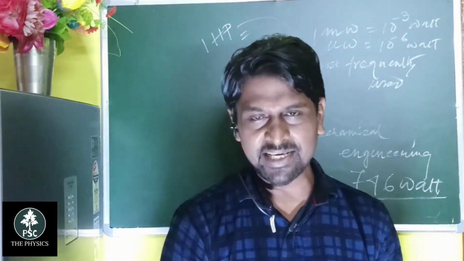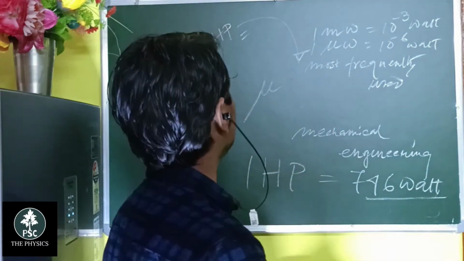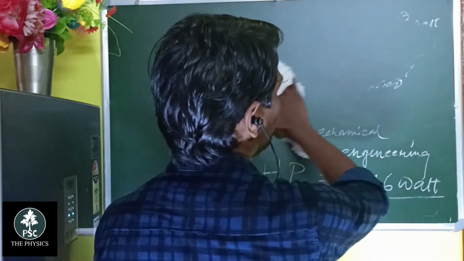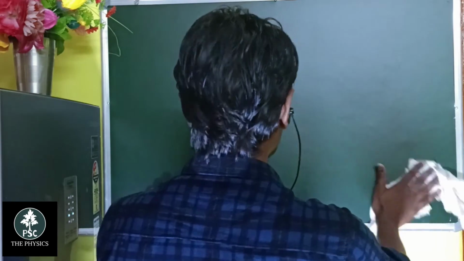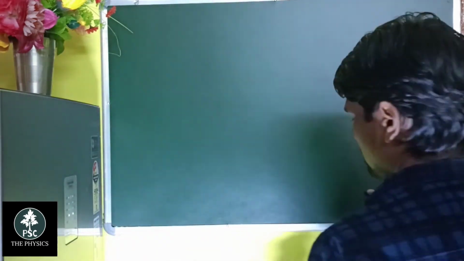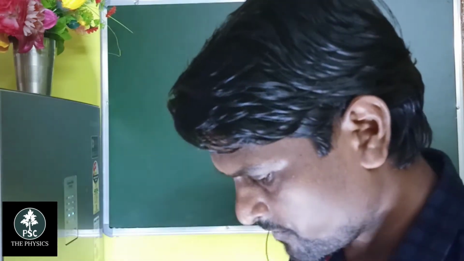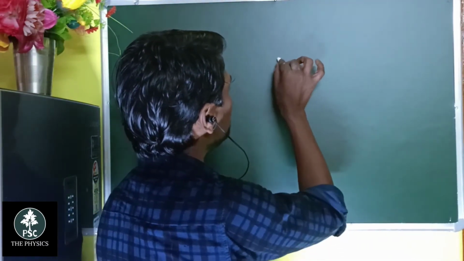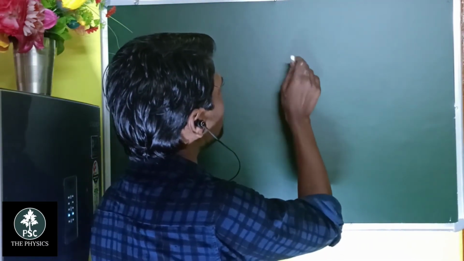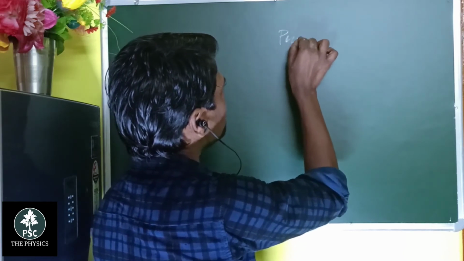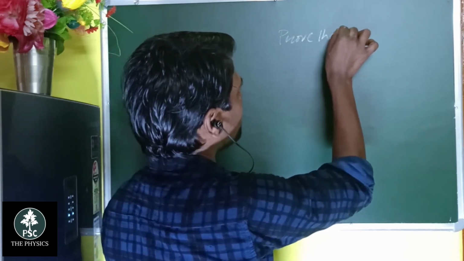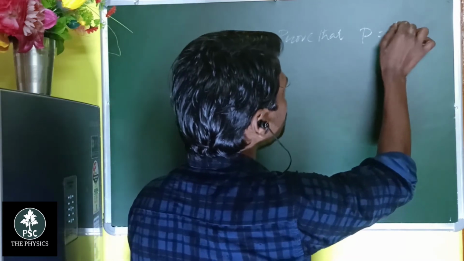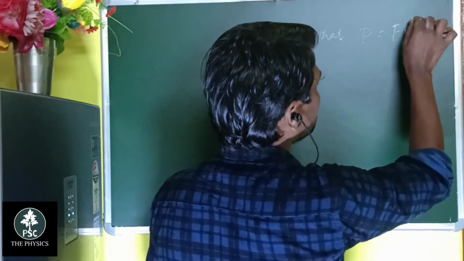So students, the next one is you have to establish a relationship between the power and the velocity and force. So prove that power is equal to, it is a dot product.